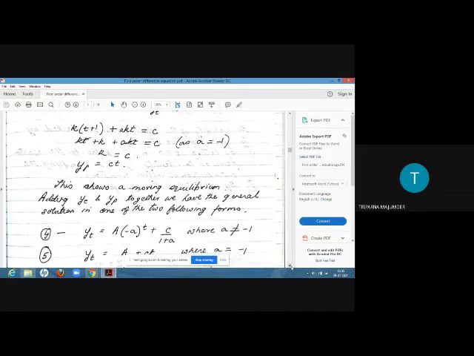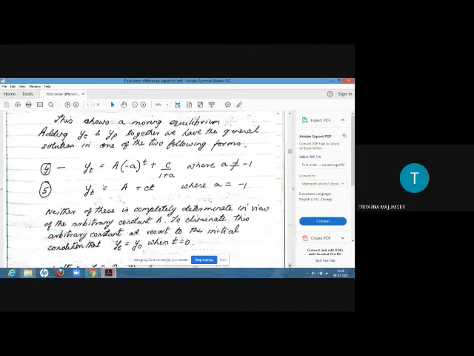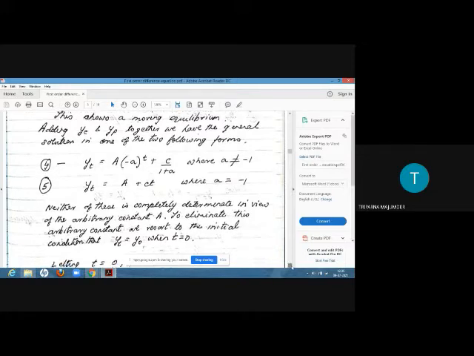Now we come to the next step. What is the next step? We add yc and yp and get the general solution in one of the two forms. That is, yt is equal to a into minus a to the power t plus c by 1 plus a, where a is not equal to minus 1, and yt is equal to a plus ct, where a is equal to minus 1.